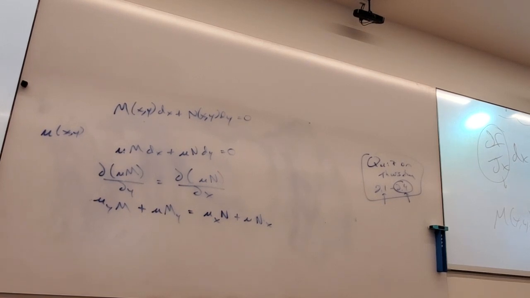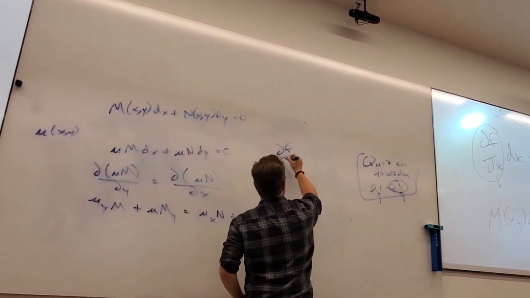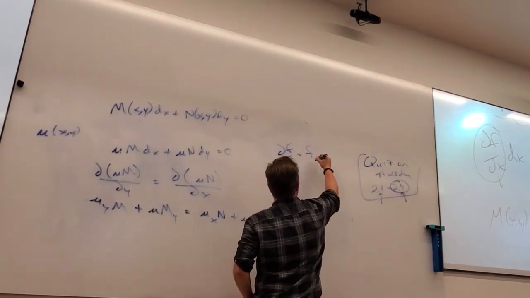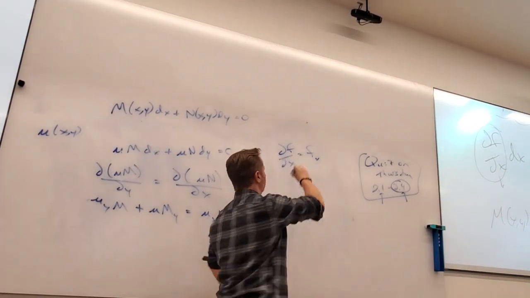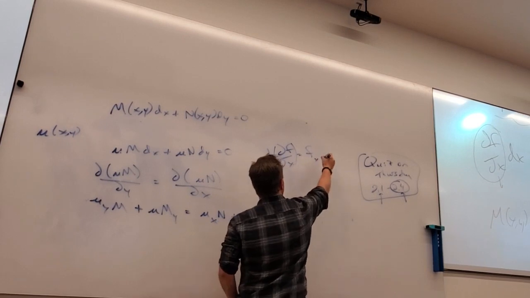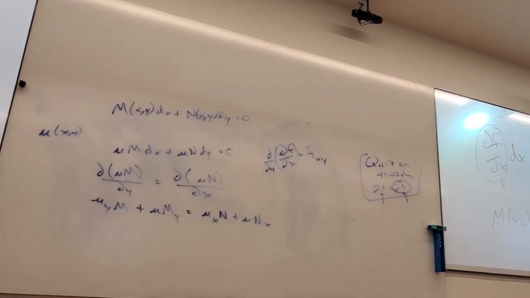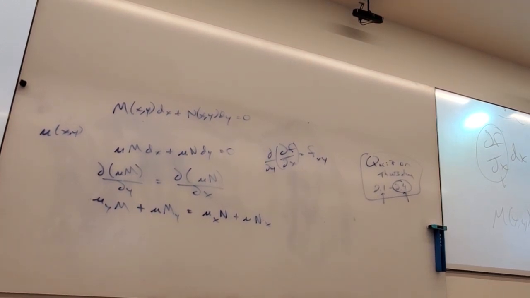Are those x's and y's subscripts? Yeah, okay. So just to remind you guys, if I do the partial of f with respect to x, that is f sub x. And if I do the partial of that with respect to y, yeah. The subscripts just make it easier. If you like to use the partial symbol, you can, it's fine.